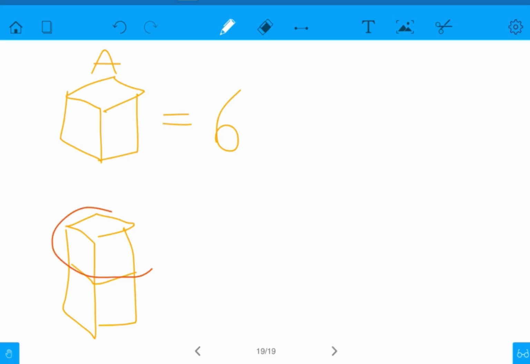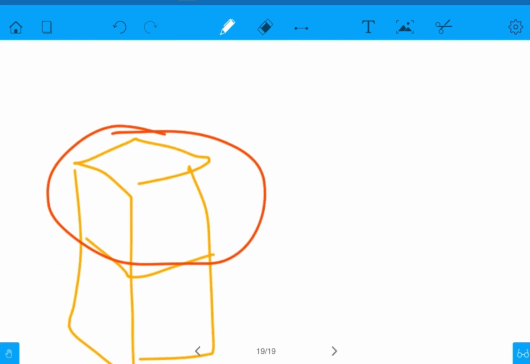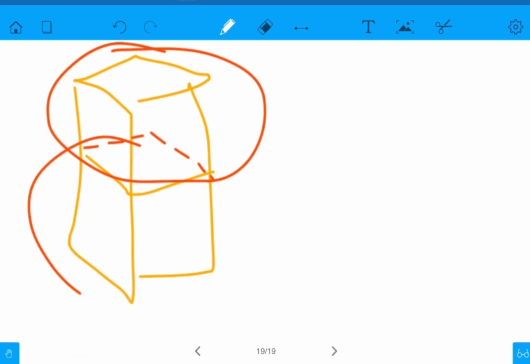Because if we focus on this top cuboid A, we can see that the base of the top cuboid A is not exposed because it's sitting on top of the bottom cuboid. And likewise, for this bottom cuboid, the top face of that cuboid is also not exposed because it's essentially being covered by the top cuboid.